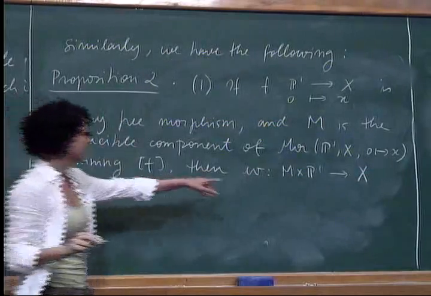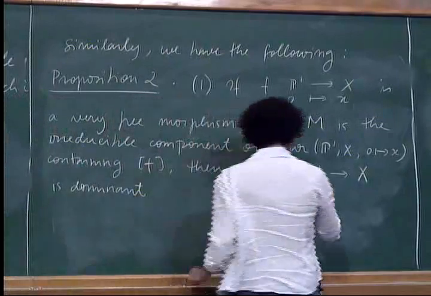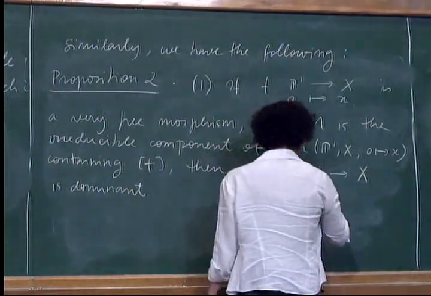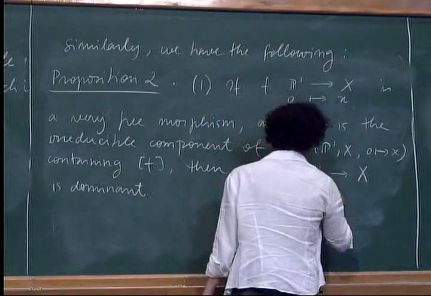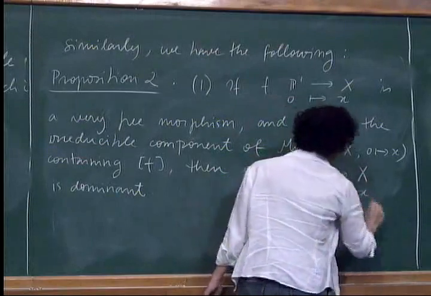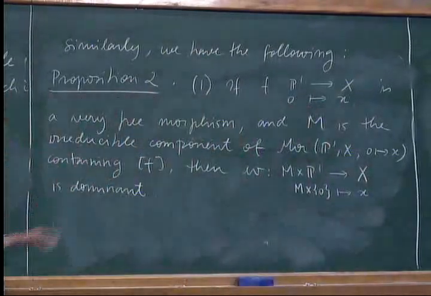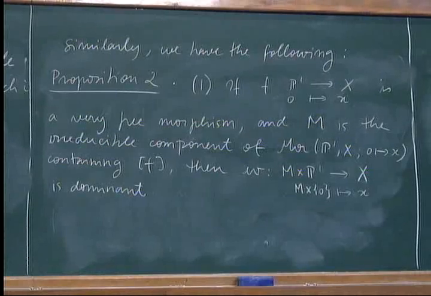Let's just remark that this evaluation map will send M cross 0 to the point x. So this is exactly the intuitive idea that I showed, that a very free curve can be moved in any direction with one point fixed.